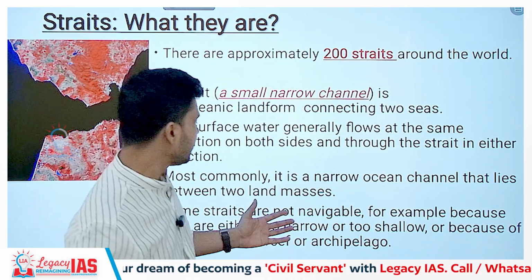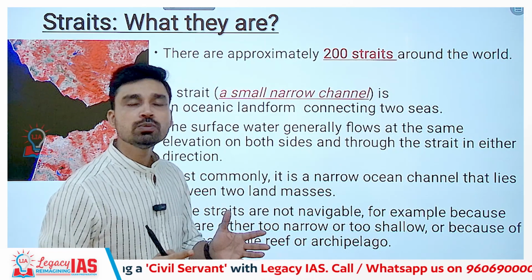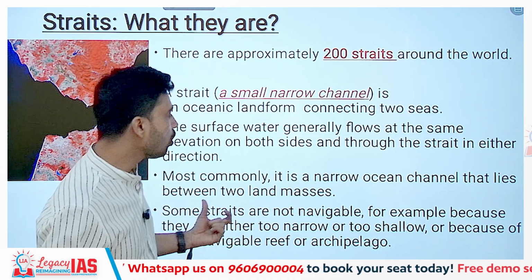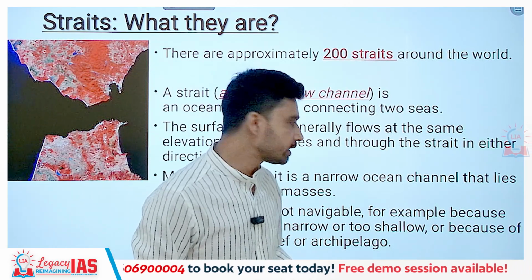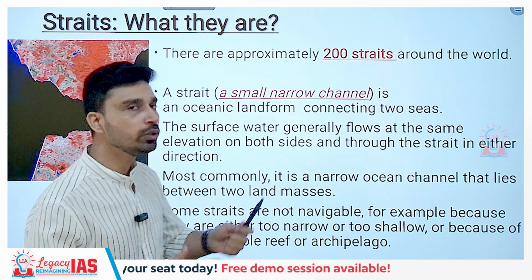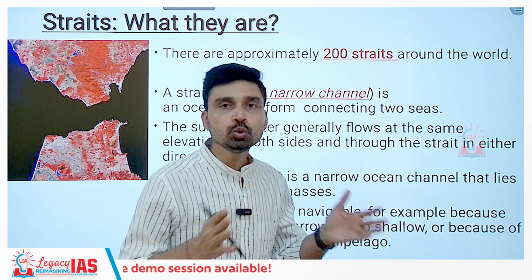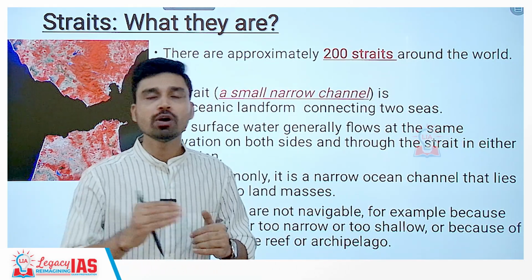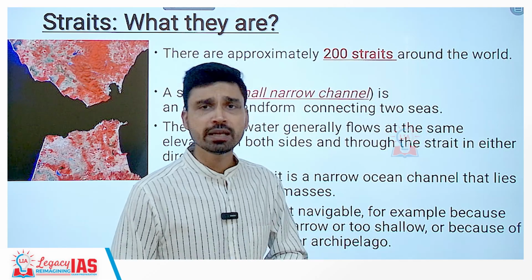Now since straits basically allow movement of ships on the surface, however, not all straits are navigable in nature. For example, if a strait is too narrow or too shallow, ships require a certain level of water to move across the strait, which is called the draft level.